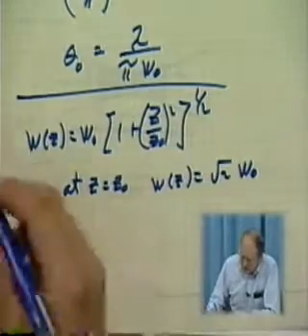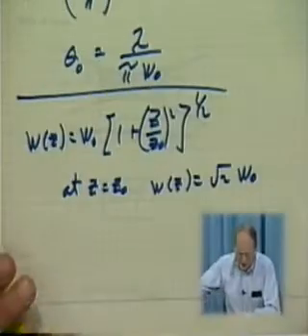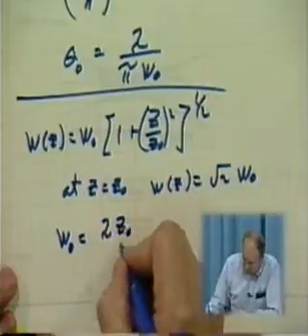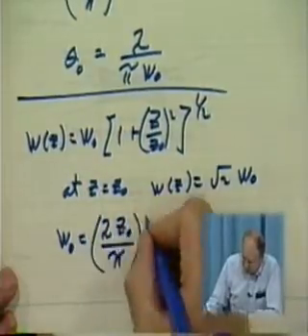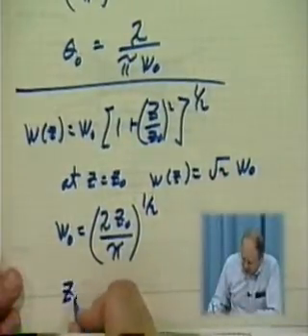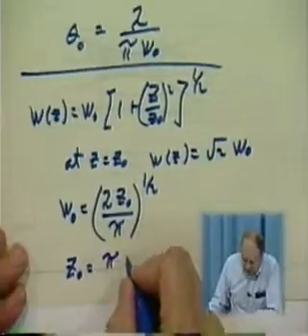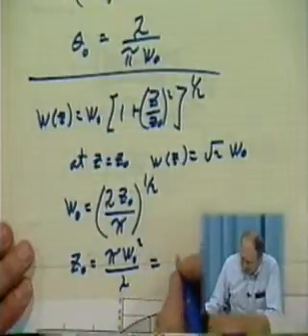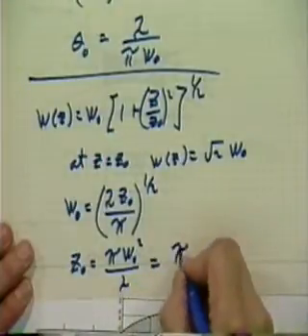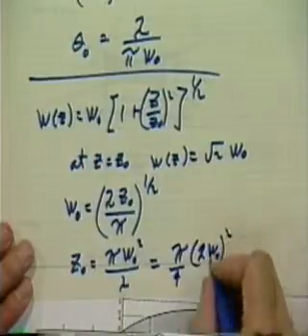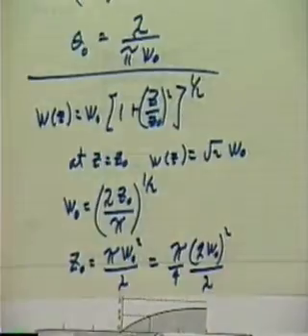Also from the equations on our first page here, we have that w naught is the square root of lambda z naught over pi. And so we have here that z naught is pi w naught squared over lambda, which we could write as pi over 4, 2 w naught squared over lambda.